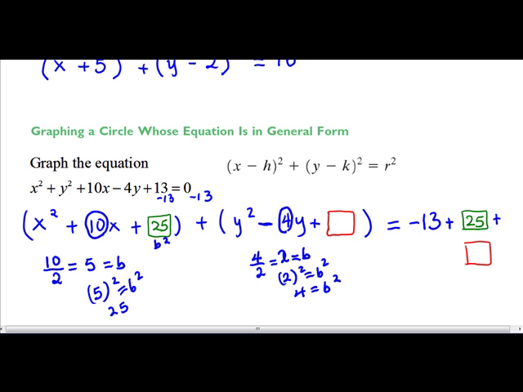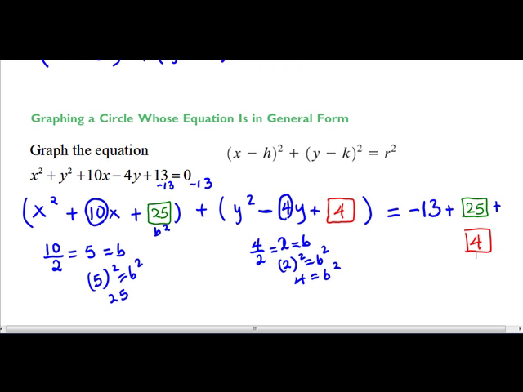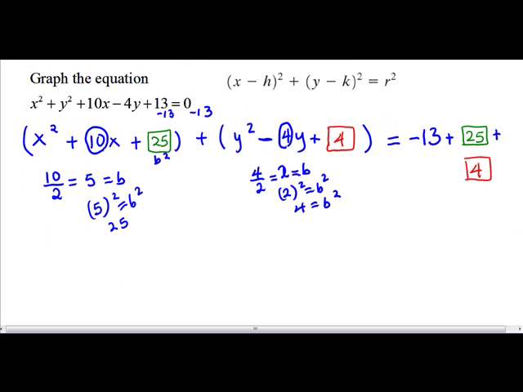This means I need to put the 4 here and add the 4 there. So now we will simplify. Let's simplify this side first. You have minus 13 plus 25 and plus 4, which is 16.